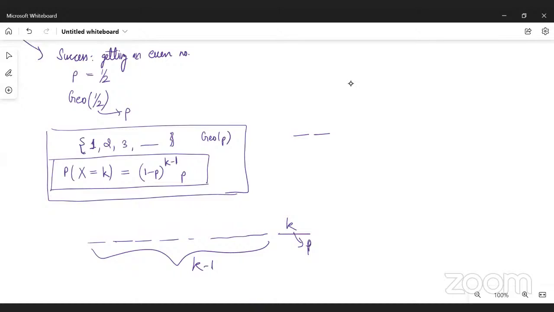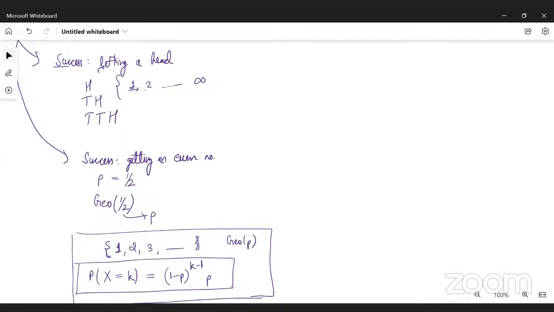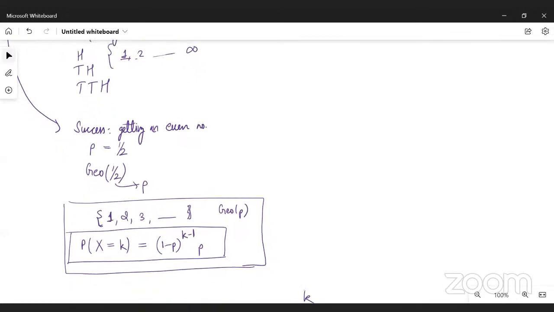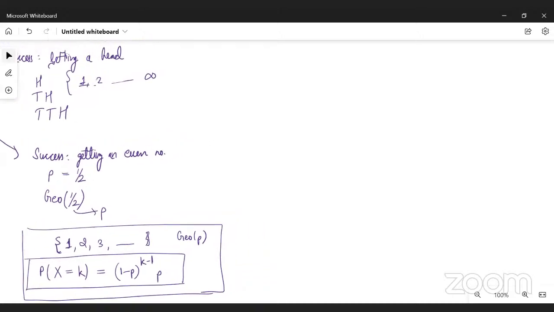No, this is a Bernoulli trial. Only 2 possibilities, either success or failure. Here you know that the first k-1 trials are failures. So yes, obviously, here also we have only 2 cases, success and failure.